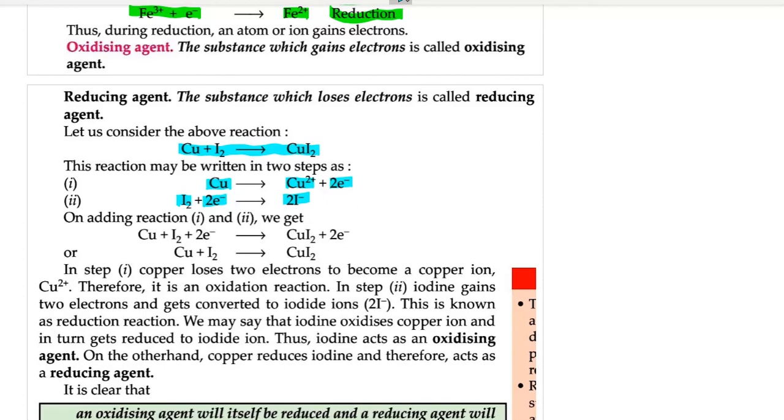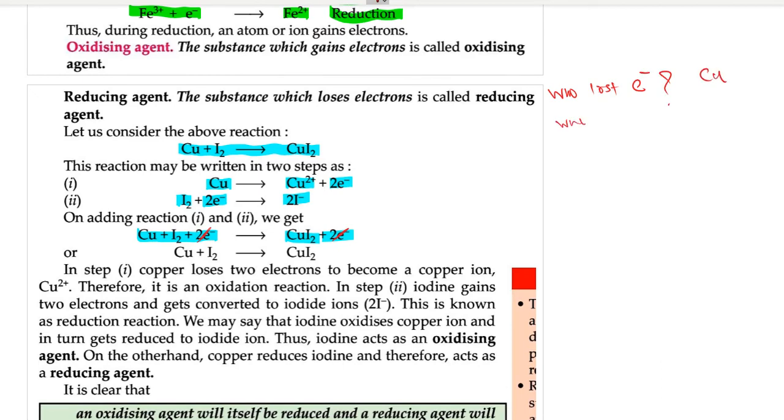If you add both the equations, you get Cu plus I2 plus 2 electrons gives CuI2 plus 2 electrons. On both sides, if you simply cancel these 2 electrons, you get the balanced chemical equation: Cu plus I2 gives CuI2. Now the questions to be asked over here are: who lost electron? Copper.